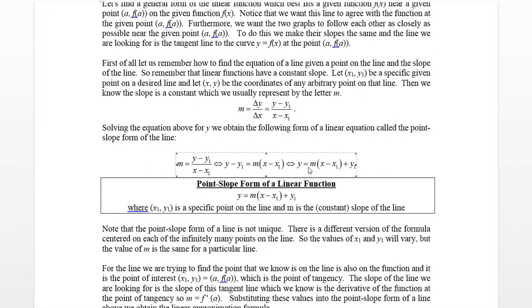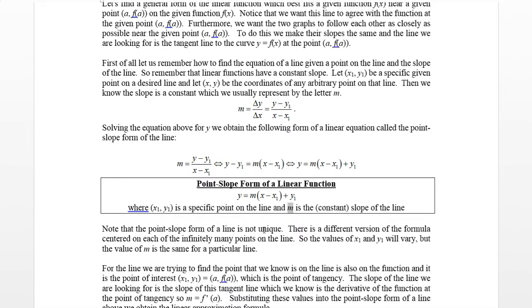And we get this form of the equation, which is y equals m times x minus x1 plus y1. This is called the point-slope form of the linear equation. Some people will also call this middle form the point-slope formula. So here's the point-slope form of a linear equation where x1, y1 is any specific point on the line, and m is the constant slope of that line.